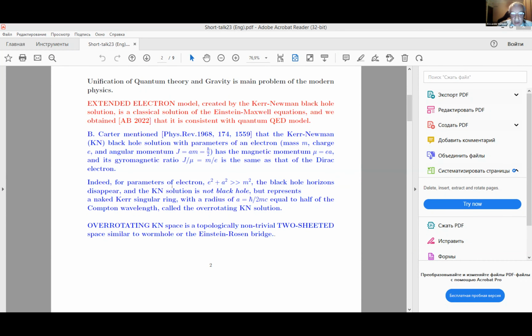And the Kerr-Newman solution is not a black hole really, but represents a naked singular ring with radius equal to half of the Compton wavelength. Call it the over-rotating Kerr-Newman solution. The over-rotating Kerr-Newman solution is a topologically non-trivial two-sheeted space similar to a wormhole or the Einstein-Rosen bridge.